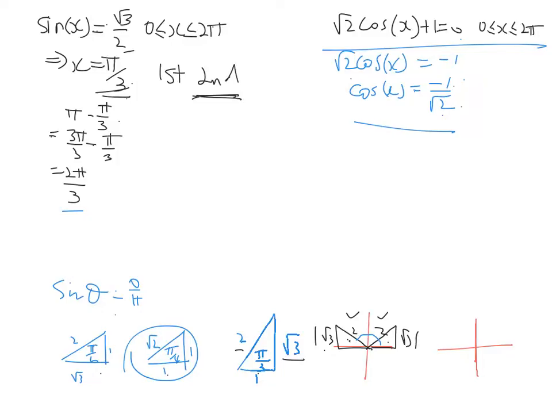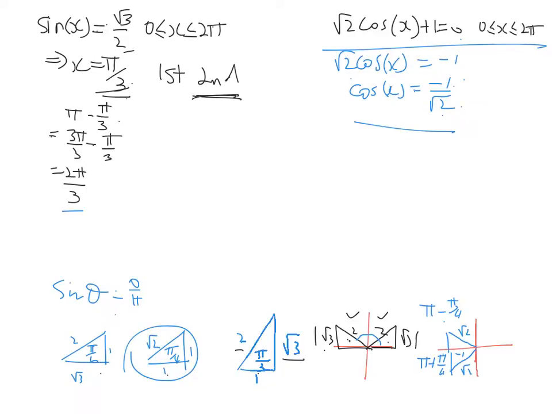Now, because it's negative, we're going to draw it out this way. So here we have pi on 4, and also if it's negative, it's going to be in this quadrant here. Because of that, we're going to have a hypotenuse of root 2, another hypotenuse of root 2, and because we're going out this way, we have an adjacent side of negative 1. So what that tells us is that we have gone over here to pi minus pi over 4, or in this quadrant, pi plus pi over 4.